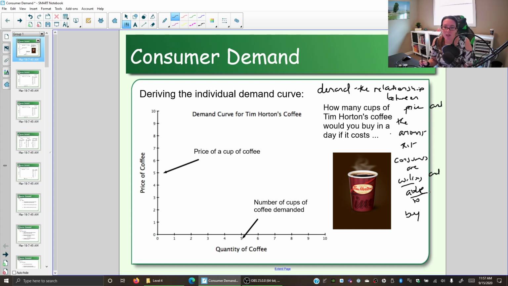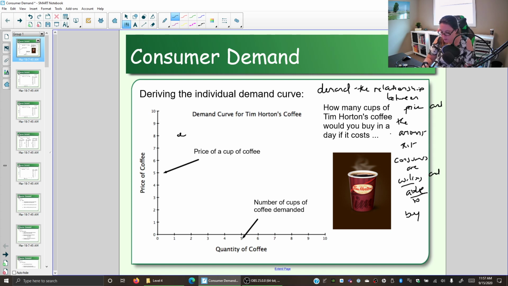We then changed the price, held everything else constant, ceteris paribus, and looked at, as you change the price, what happened to that quantity that consumers were willing and able to buy. So we've previously derived the demand curve, and demand itself is the relationship between the prices and the amount that consumers are willing and able to buy.